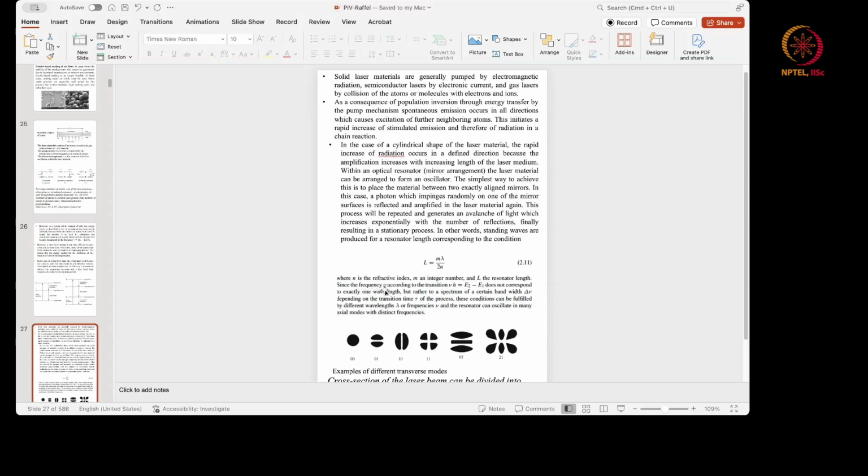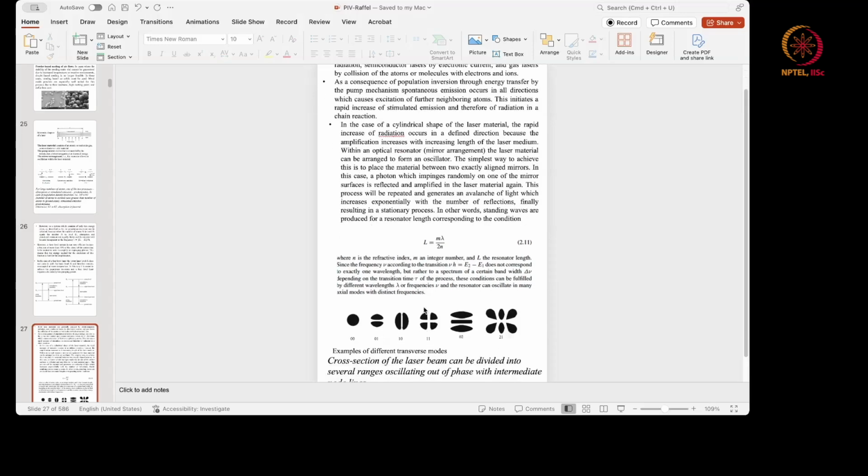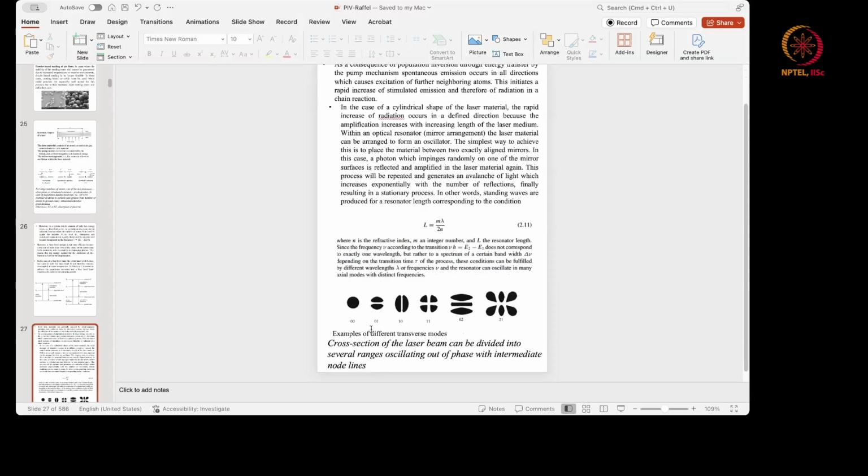The frequency according to the transition does not correspond to exactly one wavelength, but rather to a spectrum of a certain band. This we already covered during the laser lecture, because it depends also on the short transition time for these two processes. In addition, the lasers will have different cross sections. These are the different transverse modes of the laser.